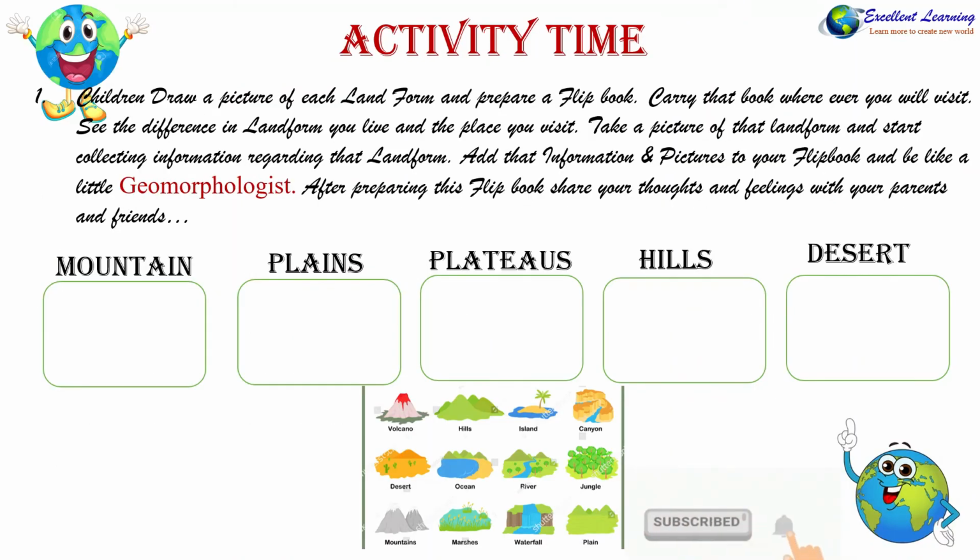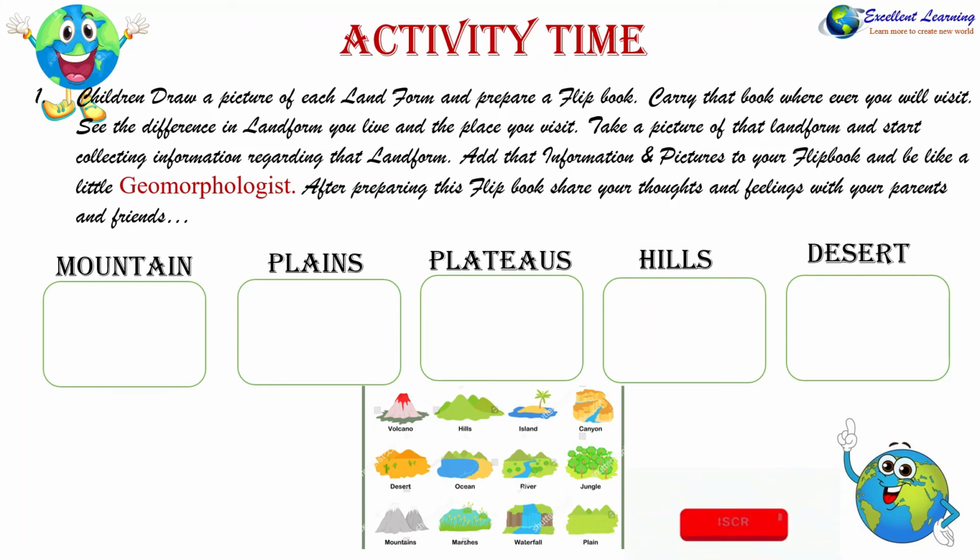Children, now it is activity time. Draw a picture of each landform and prepare a flip book. Carry that book wherever you visit. See the difference in landform between where you live and the place you visit.